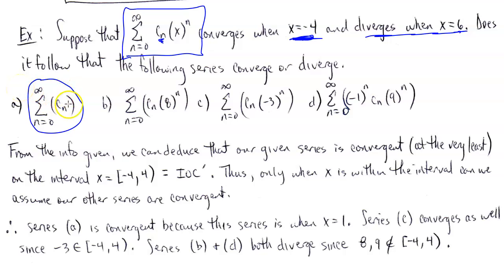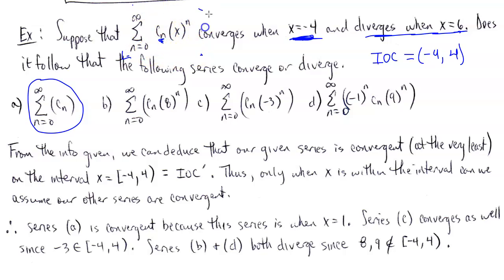So from the info given, we can deduce that our given power series is going to be convergent in some interval of convergence from -4 to 4, okay? So for all values in between -4 and 4, we know that this power series should converge. And again, how do we know that?